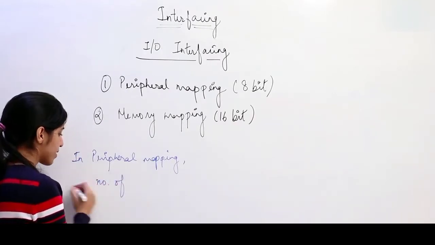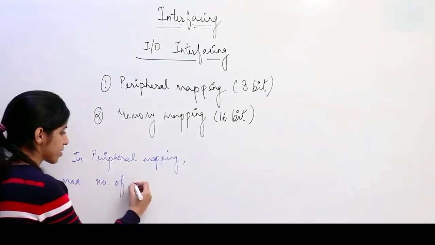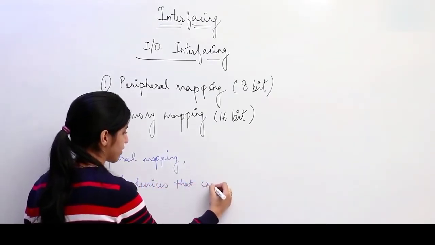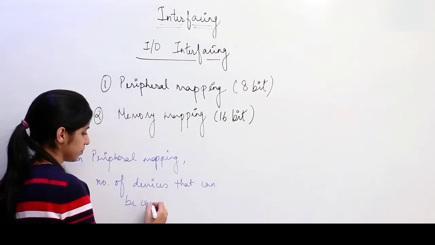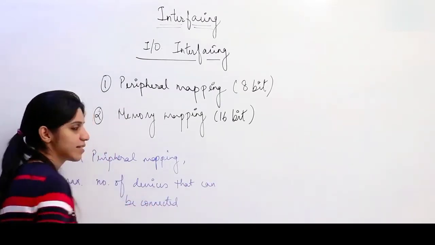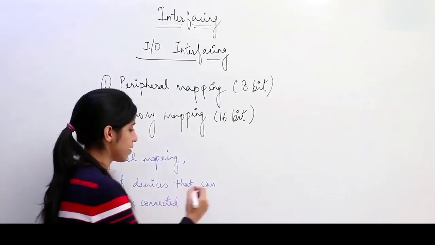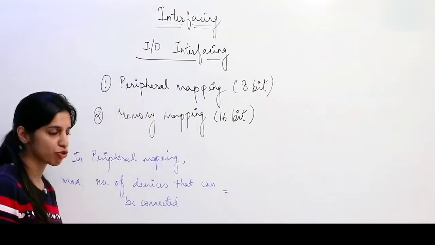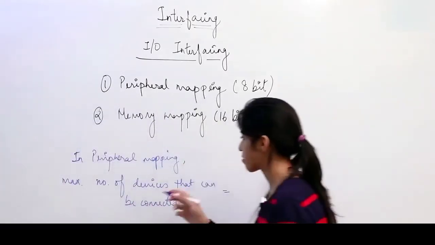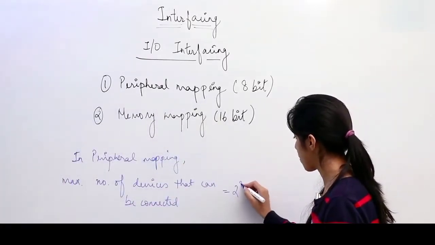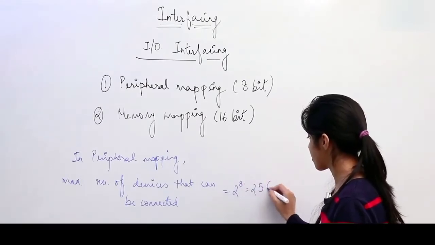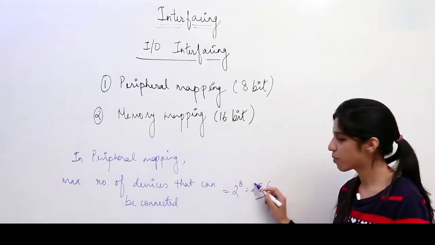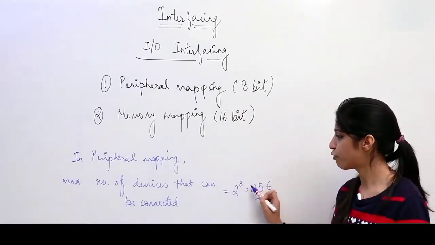So the maximum number of devices that can be connected: since the address of each device is 8 bits long, the maximum number of devices that can be connected is 2 to the power 8, or 256. This is a limitation. With peripheral mapping, the maximum number of devices that can be connected is only 256.